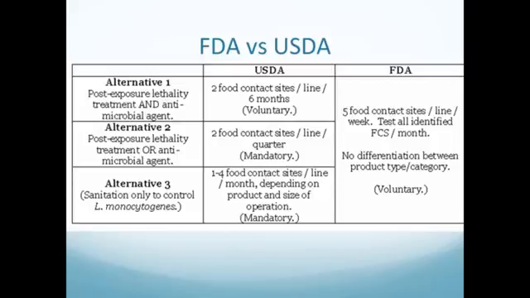You have to do testing fairly infrequently. 2 food contact surfaces per line for 6 months. But if in alternative 3, then that's 1/4 contacts per month, depending on the size. And that's mandatory. So what you lose out on in alternative 1 in terms of expense, you do make up for in having a safer product, obviously, and less inspection, less focus.